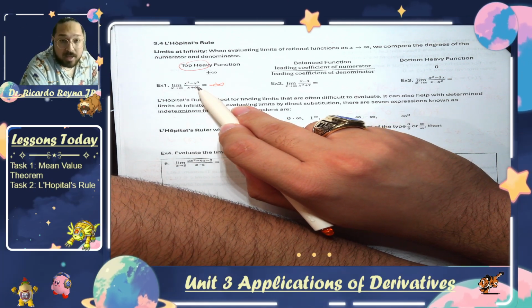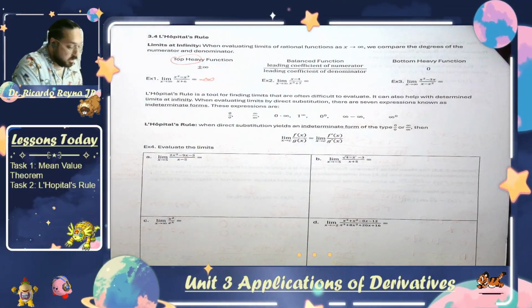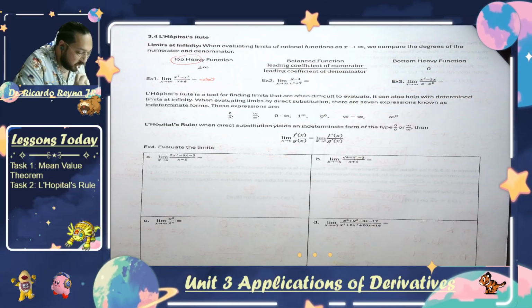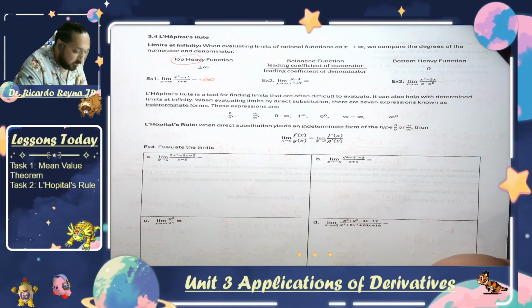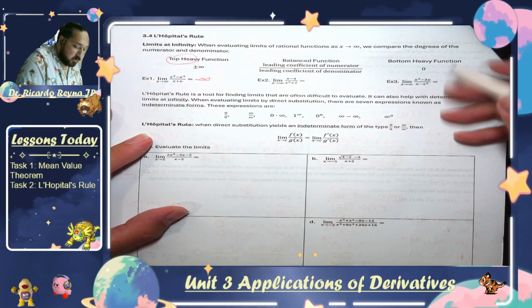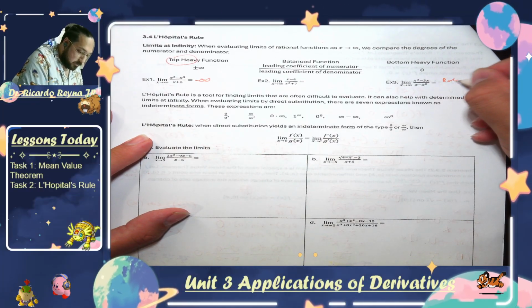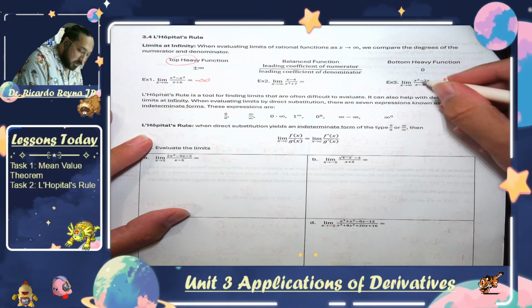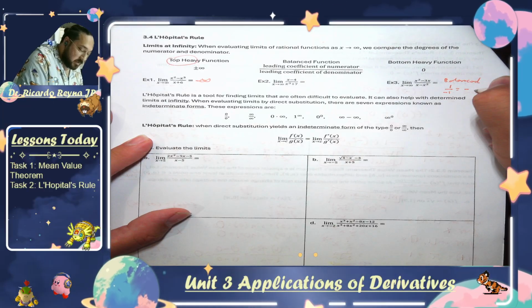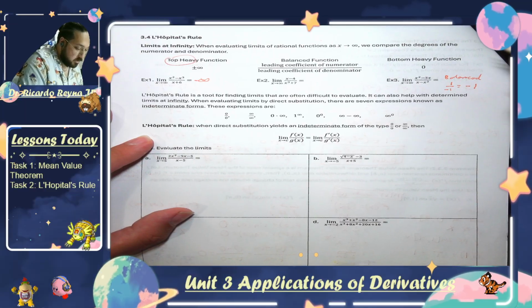Okay? And then we jump to if it's balanced, if the leading coefficient of the top matches the leading coefficient of the bottom. So we see right here that these both have x squared. So that means this is balanced. You take the leading coefficient of the top, divide by the leading coefficient of the bottom, and you get that this limit goes towards -1 as x goes towards infinity.